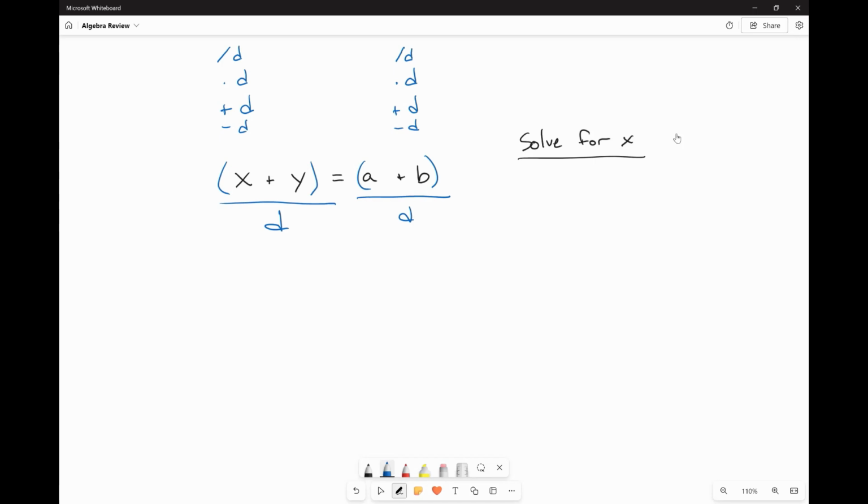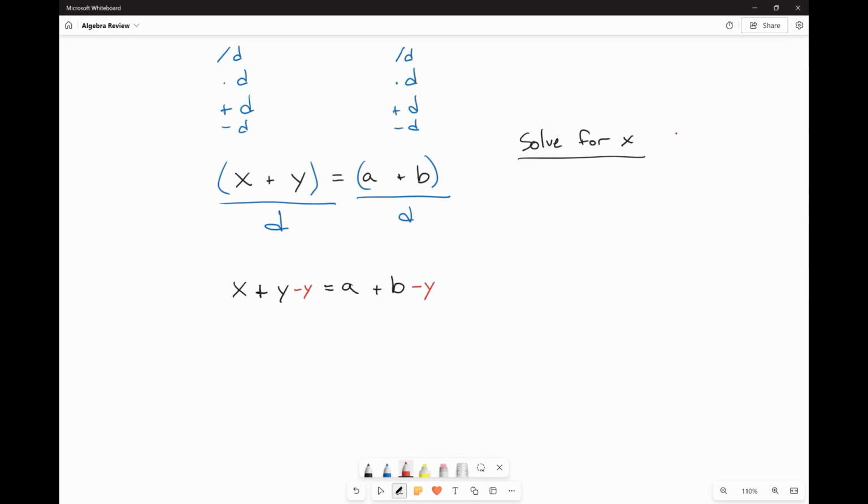All right, so going back to the original, we have x plus y equals a plus b. If we wanted to solve for x, to get x alone on one side, what we could do is subtract y from both sides of the equation.